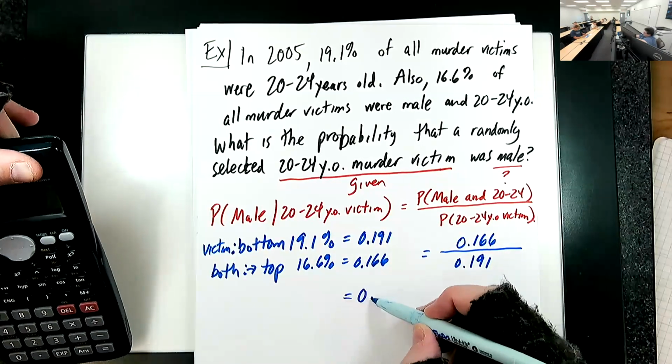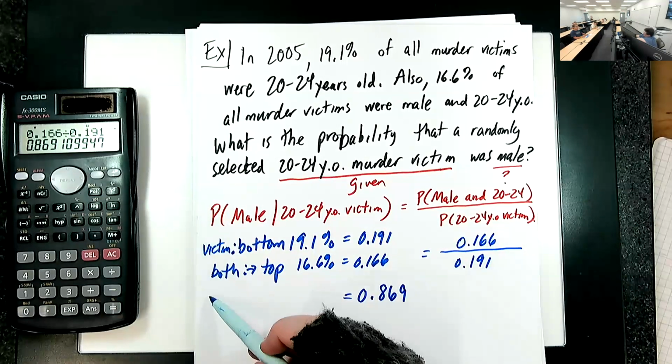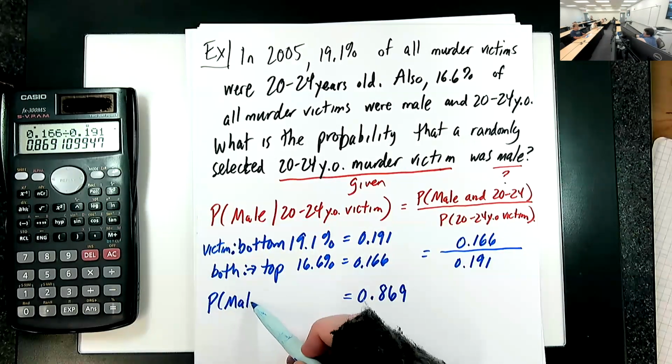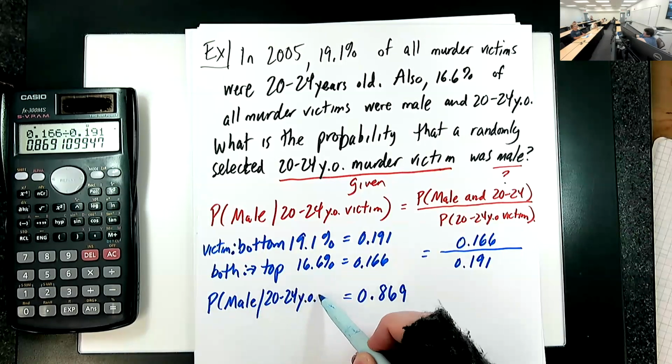And you will get 0.869 for the probability of a male given a 20 to 24-year-old victim.